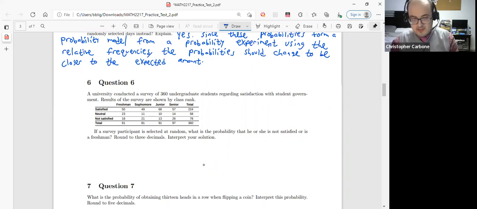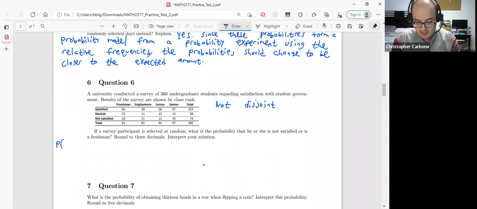Just based on this table, we can tell this is not disjoint, right? You can be both a freshman and not be satisfied. So we have to use the general addition rule.